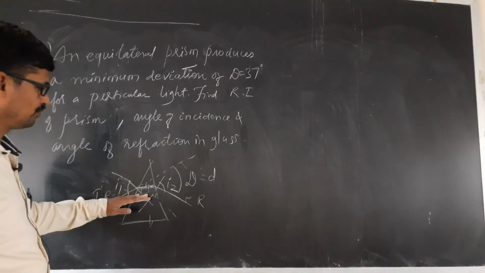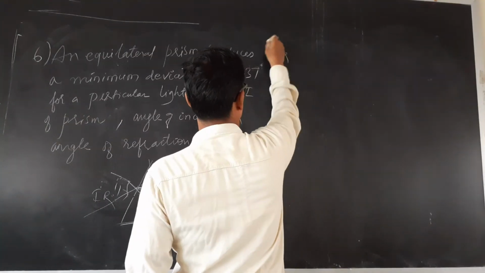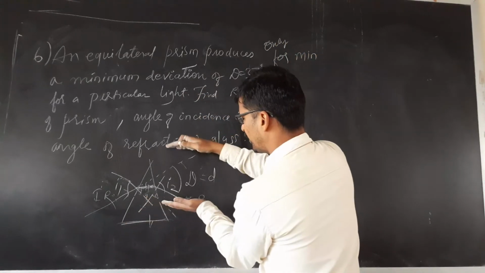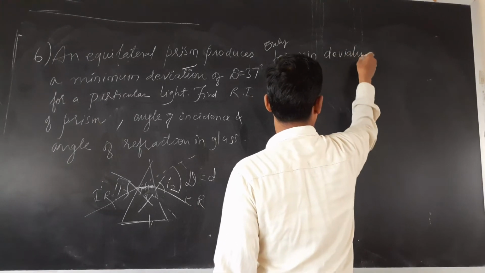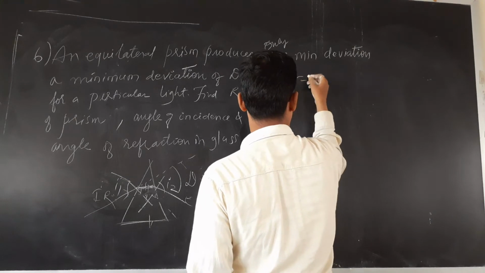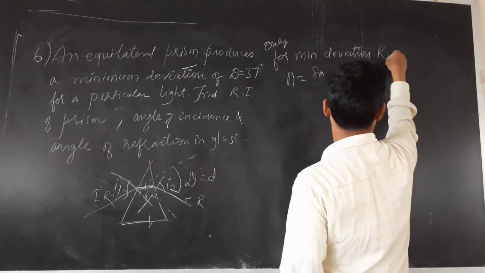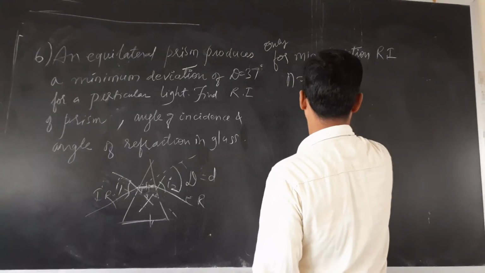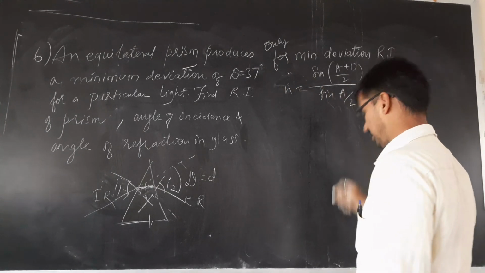If it is so, there is one special formula, I will write only for minimum deviation. n is equal to sin of (A plus D) by 2 divided by sin of A by 2.